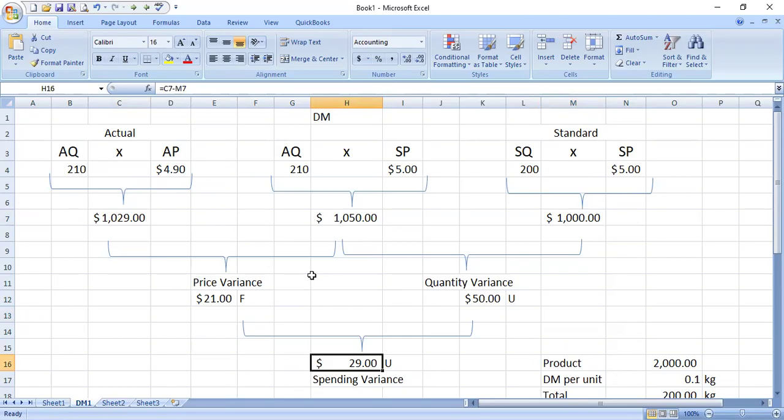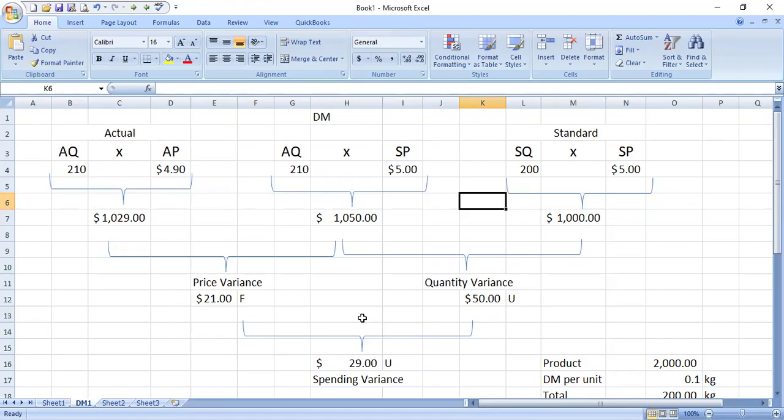Now, let's think about it. What happened in this company? Again, they're producing their 2,000 Parkers. They're producing it. No questions about it. But instead of using 200 kilograms, they're using 210 kilograms. How many kilograms more are they using? 10 kilograms.